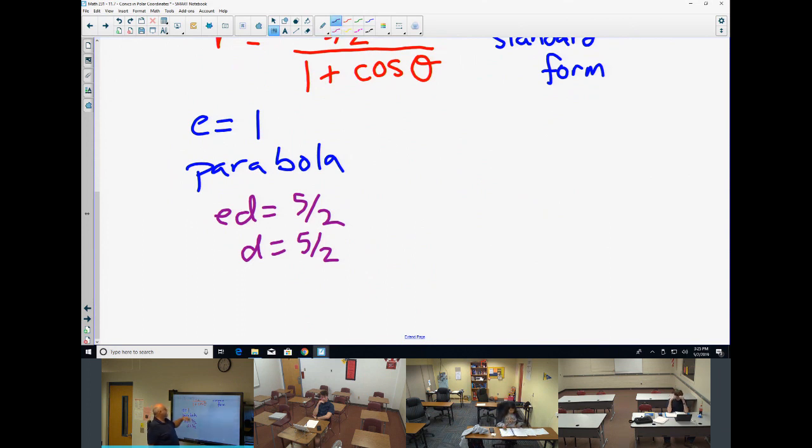So then the equation of the directrix, so again I have cosine, so it's going to be x equals positive 5/2. So you do the same thing, but you have to get a 1 there first by division. All right, so go ahead and try practice 4.